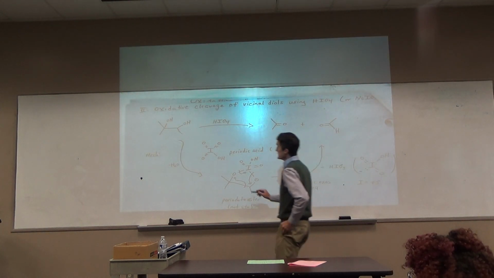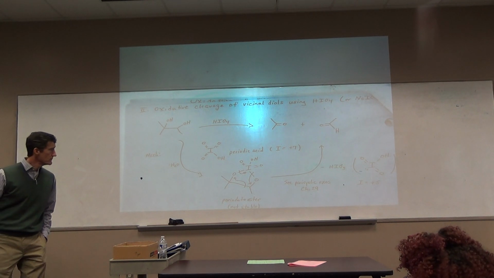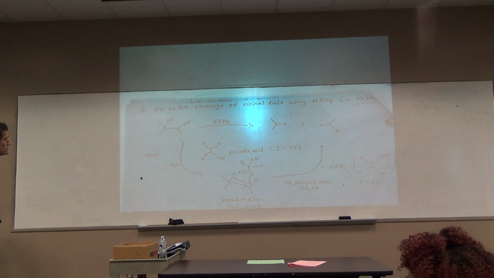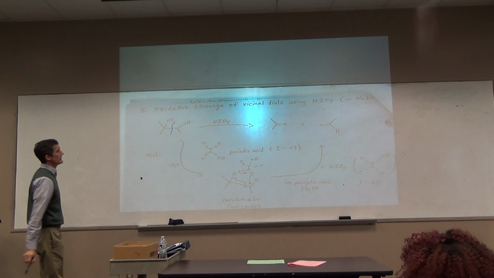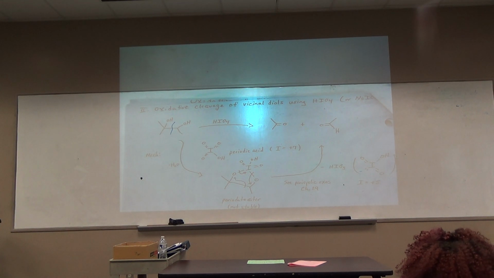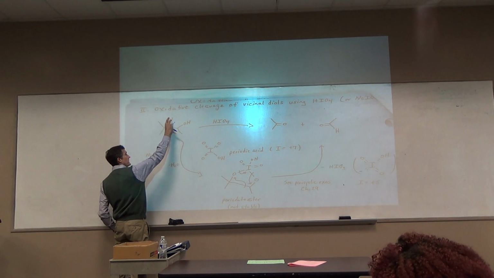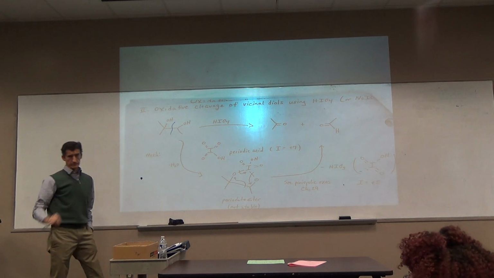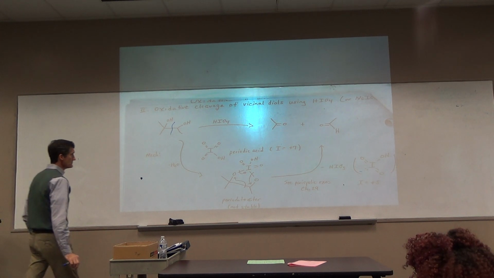Now diols, there's a reaction you can do with them. Diols can be cleaved, okay? The 2 carbons there can be cleaved, and each carbon becomes double bonded to the other. Oxidative cleavage of vicinal diols.